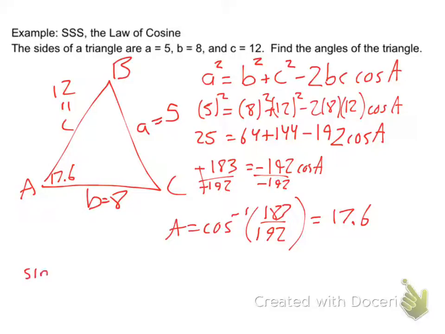Yeah, here's the problem. We're going to do sine of 17.6 over 5 is equal to, let's solve for B, sine of B over 8. You guys tell me if you take the sine of 17.6 divided by 5 multiplied by 8, take the inverse sine of that, what do you get?